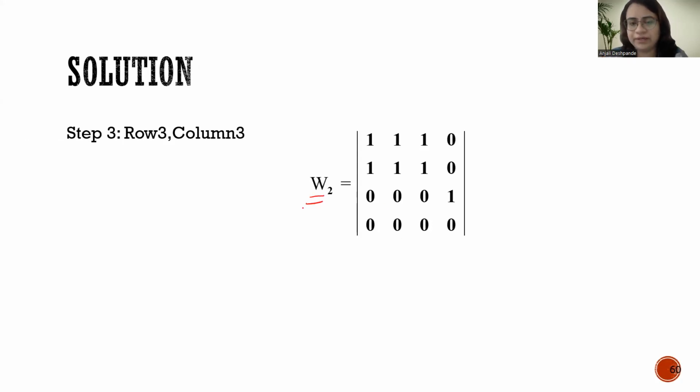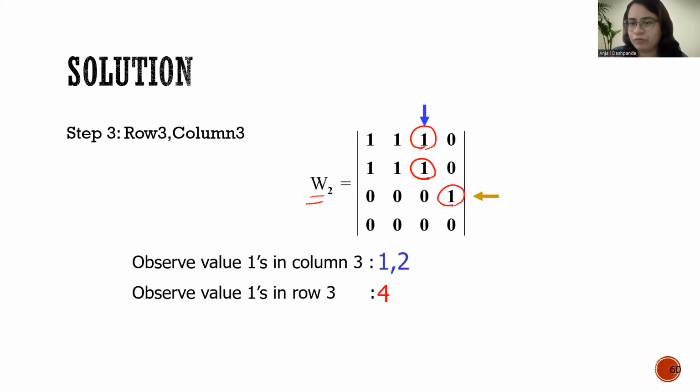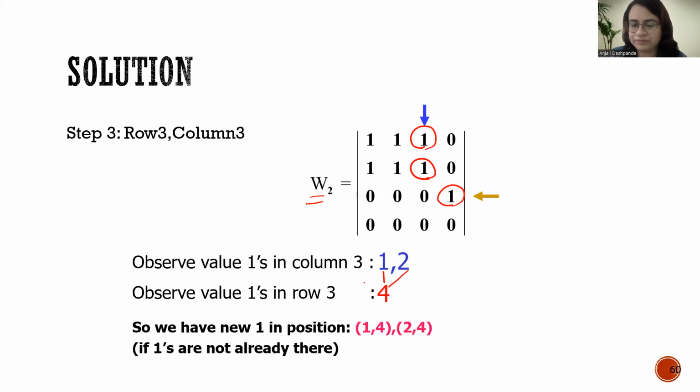Okay. So now in W2, I will see the value of 1 in column 3. So column 3 has 1 in 1, 2, and in row 3, I have 1 only at 4. So I form the tuples. What I'll get? 1, 4, and 2, 4. So 1, 4, and 2, 4, I will mark as 1 in W2.